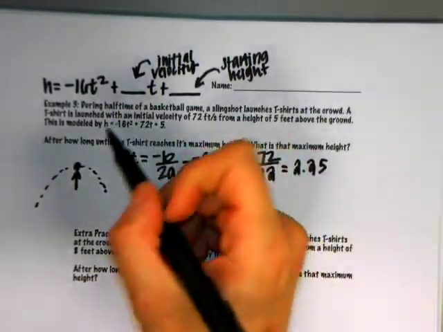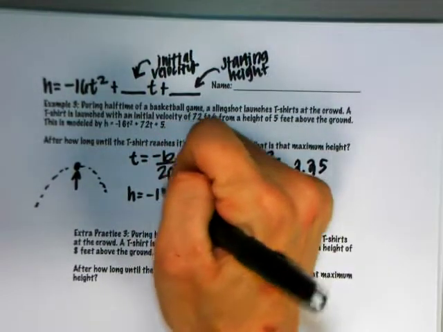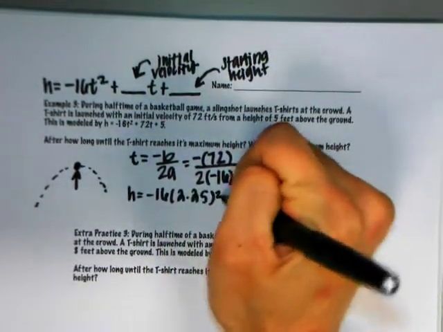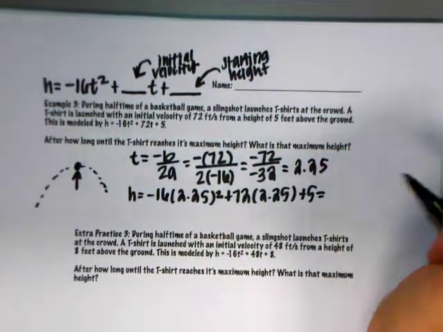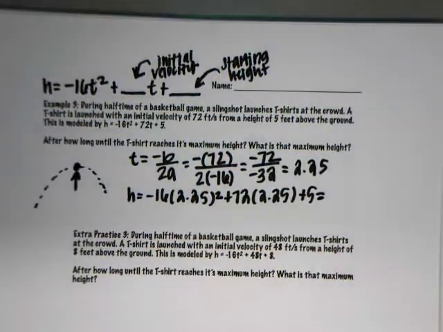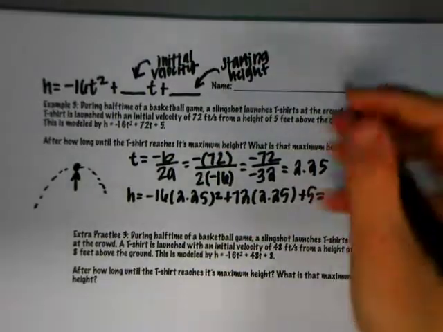Okay, and then plug that into your equation. h equals negative 16 times 2.25 squared plus 72 times 2.25 plus 5, and figure out what that equals. Is it 86? Yep, 86.